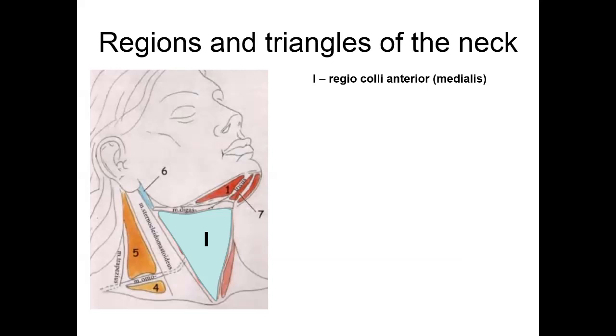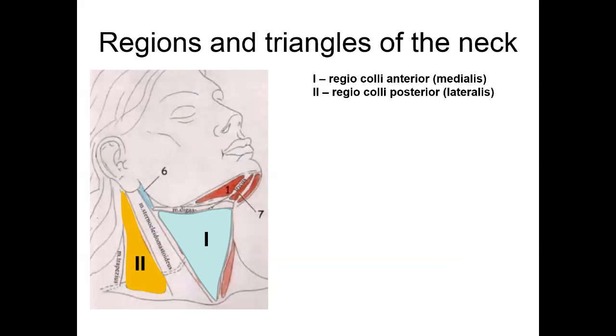Both of these terms are synonyms, they are the same. So number one is regio colli anterior. And number two with yellow color is regio colli posterior or regio colli lateralis.